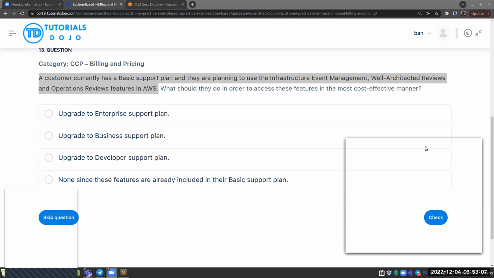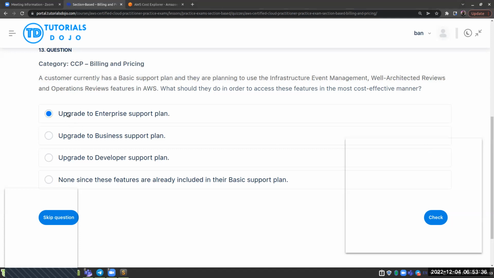The answer is to upgrade to enterprise, option A. So this goes to the different support plans. Does anyone have a different view? Majority is going for A.